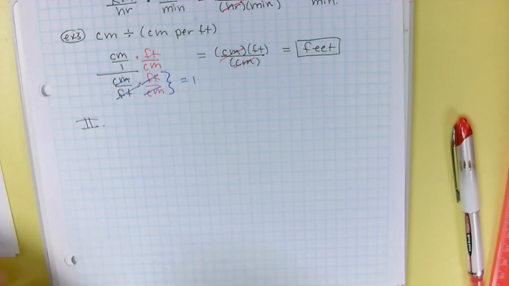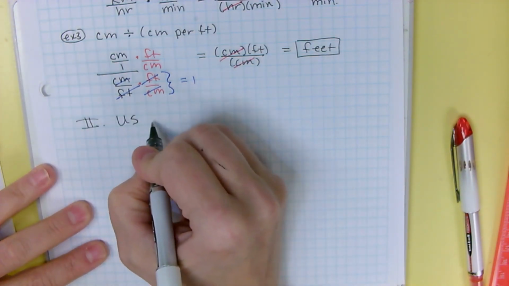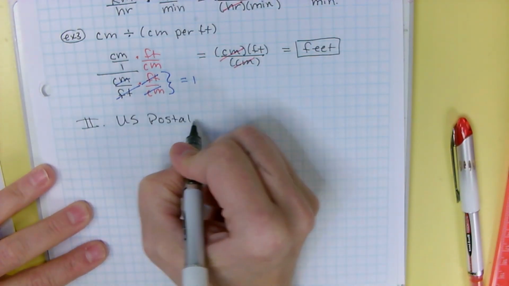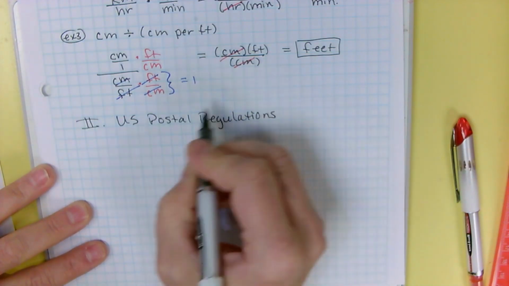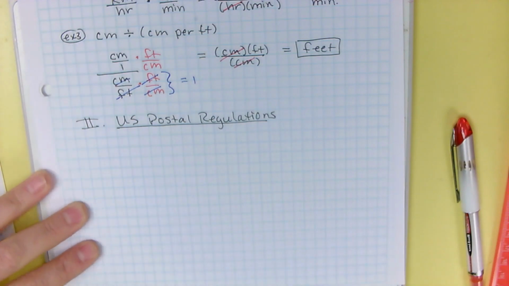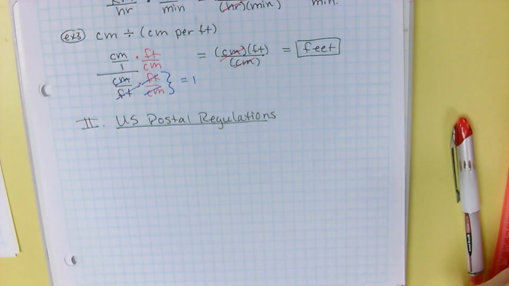All right, so Roman numeral 2, U.S. postal regulations.